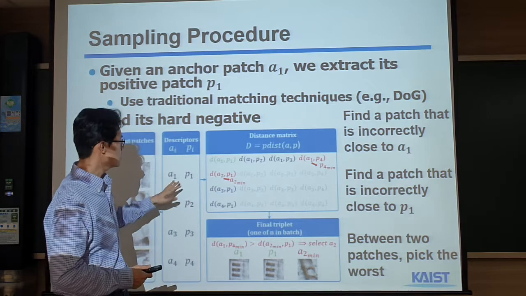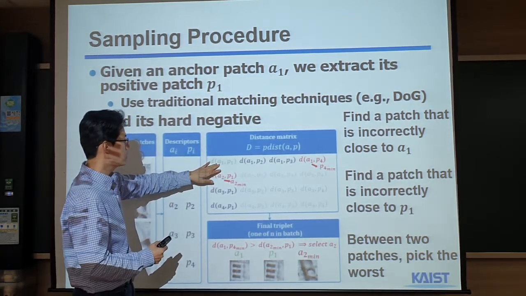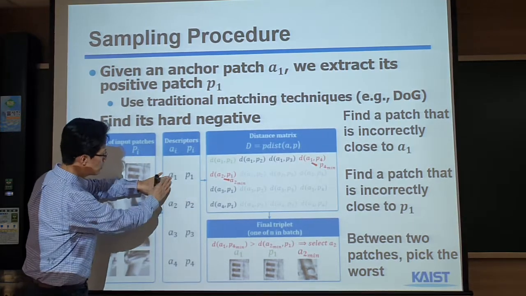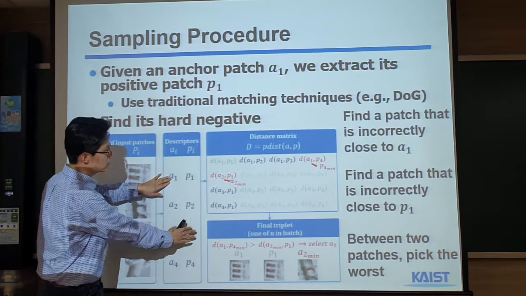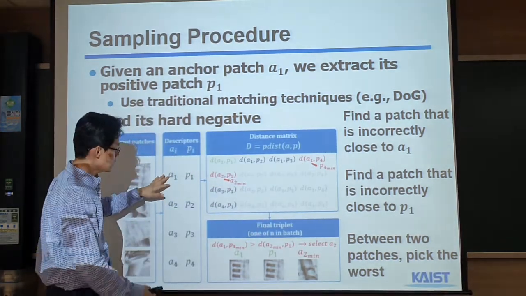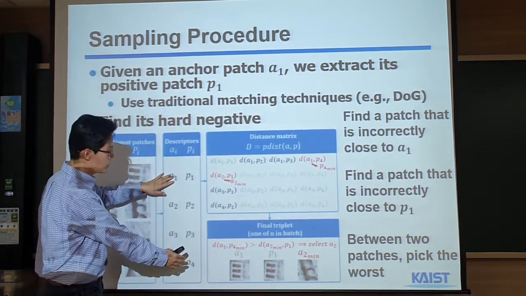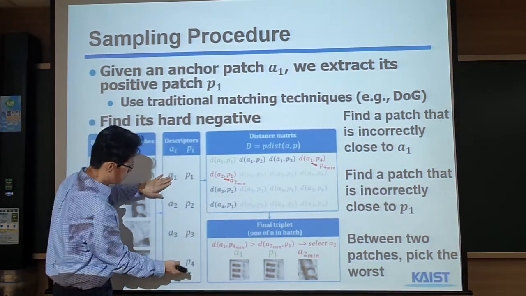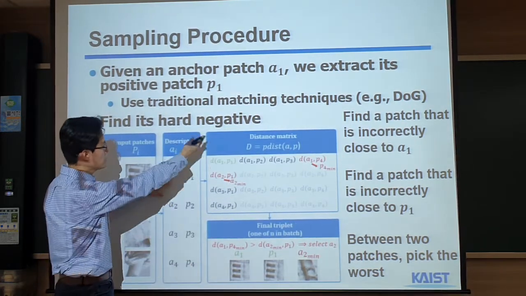So given the anchor patch A1, they consider all the distances between A1 and P2, P3, P4, and then identify the smallest distance. Even though there is no relation between A1 and P2, P3, P4, maybe in this case A1 and P4 give a very small distance, right? That's why we call it a hard negative.